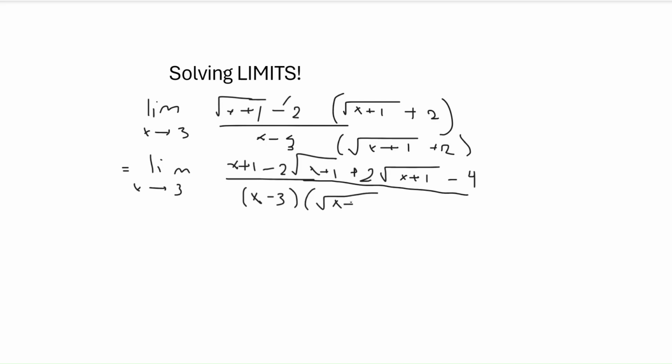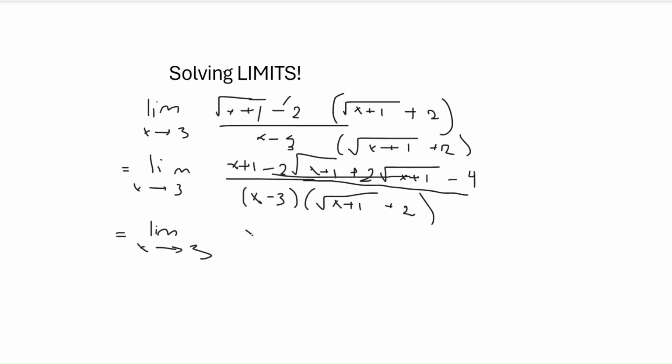So if we go ahead and simplify this, what we can do is cancel these two. They're opposites of one another, so they will just cancel each other out. So now let's see what we have and see if we can do anything now that we've gotten rid of those two.